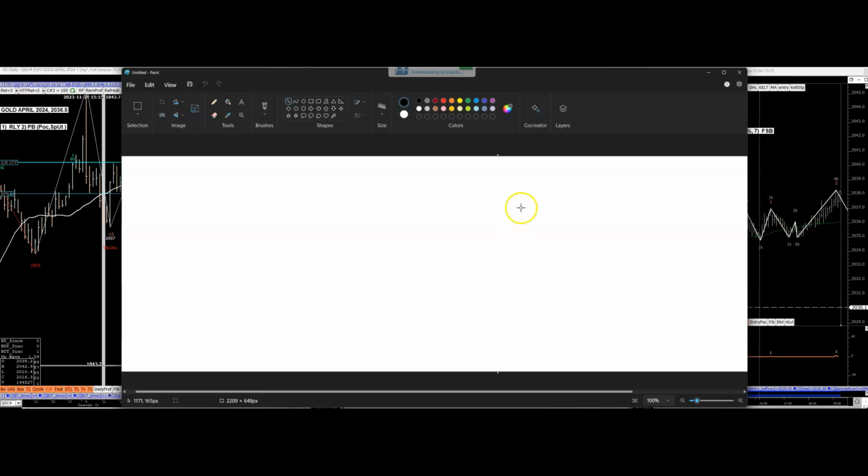One of the biggest problems is when people don't know where the pullback is going to be, they're going to buy this, and it basically screws them over, right?